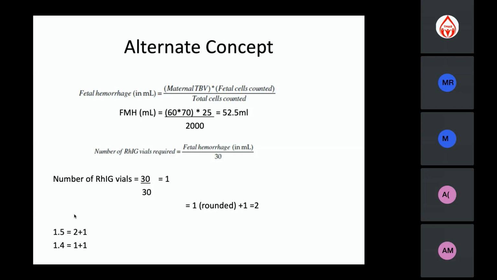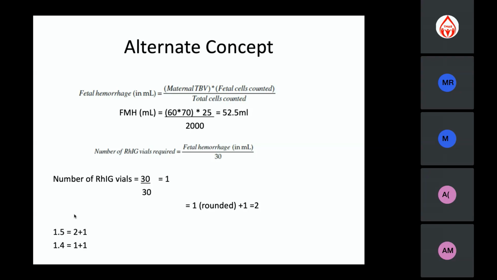For immunoglobulin administration, we always add 1 to the value which we obtain. So that is 2. If the value comes in decimals, for example 1.5, that is 0.5 or above, we need to round the decimal up to the next digit. In this case, 1.5 can be represented as 2 plus 1. That is 3 vials are required for this patient.